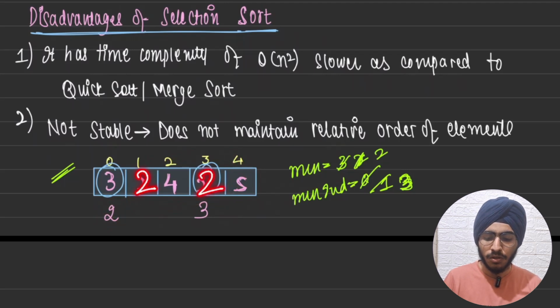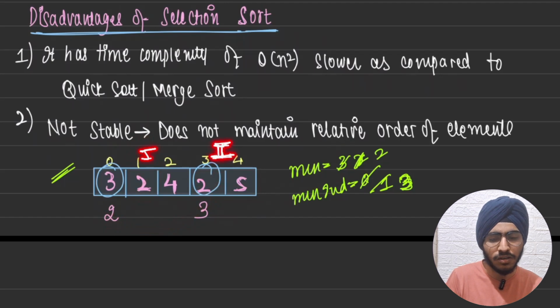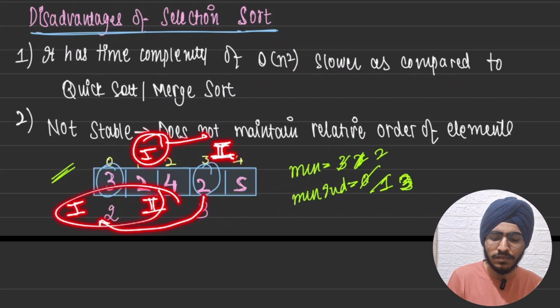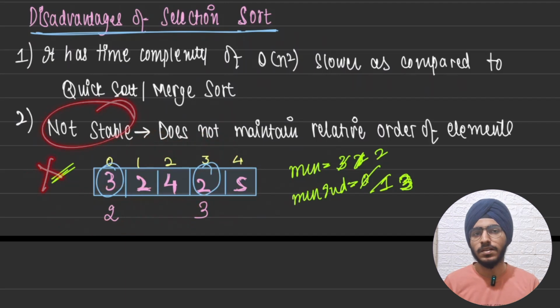But now this 2 is at the first position and this 2 is at the second position. Initially it was first, initially it was second. Later on this has come at the first position and this became the second. So you can see the relative order of elements has changed. First became second, second became first. That's why it is not stable.